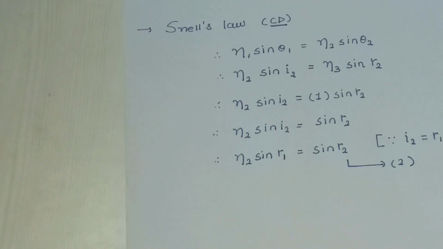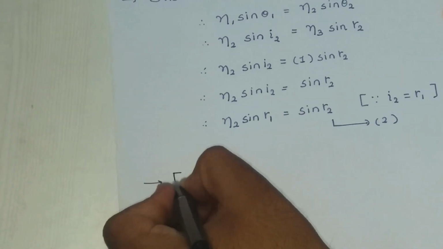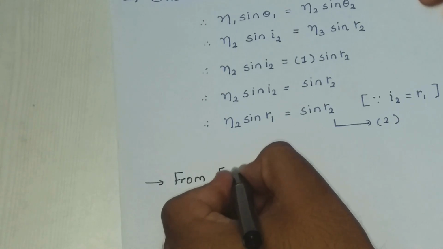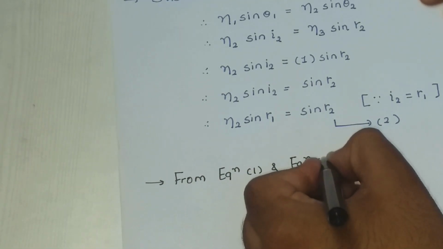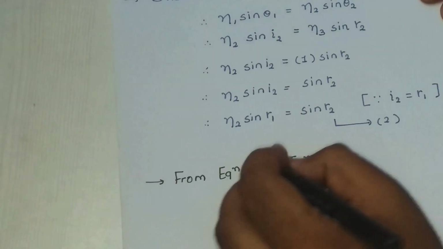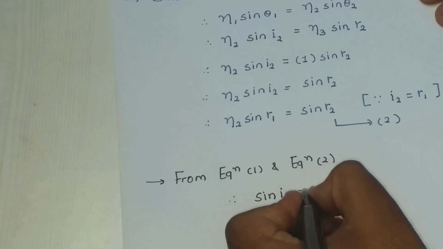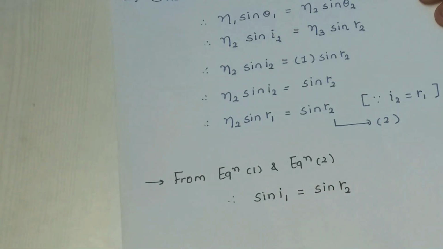Now observing equation number 1 and equation number 2, the LHS is the same, so we can say that sin I1 is equal to sin R2.